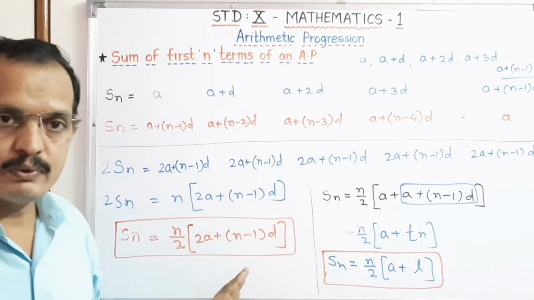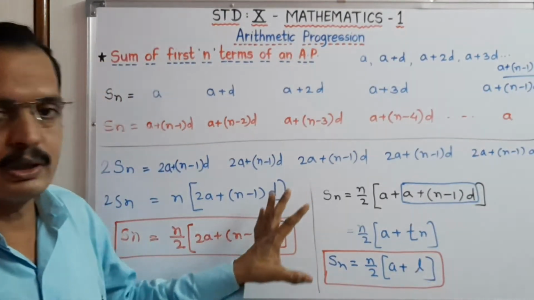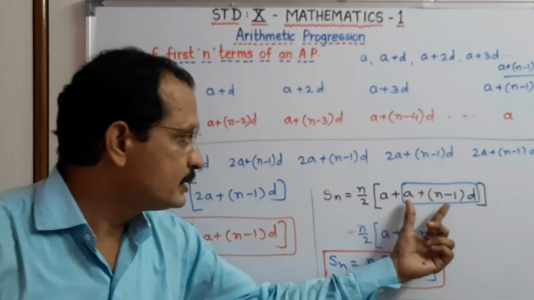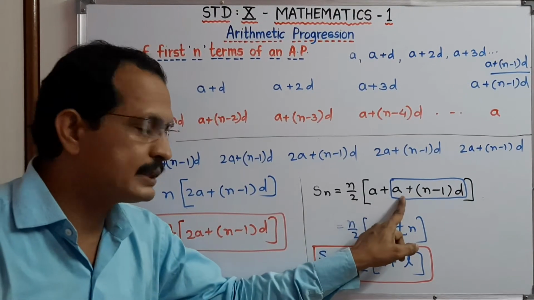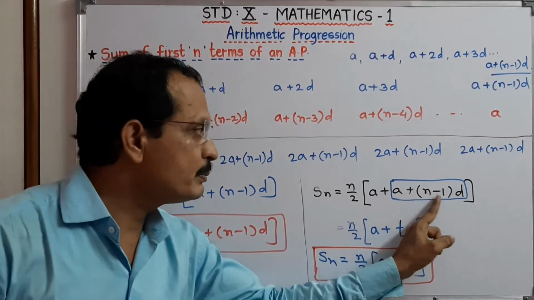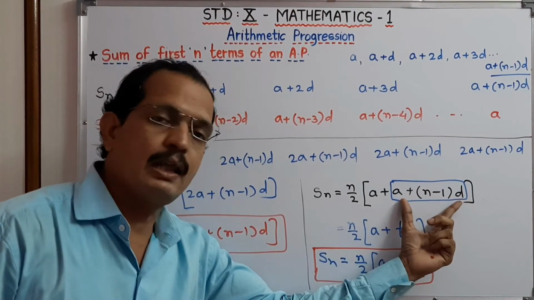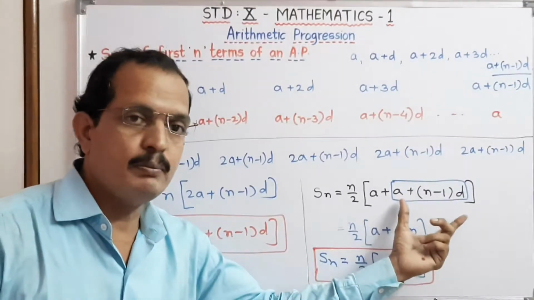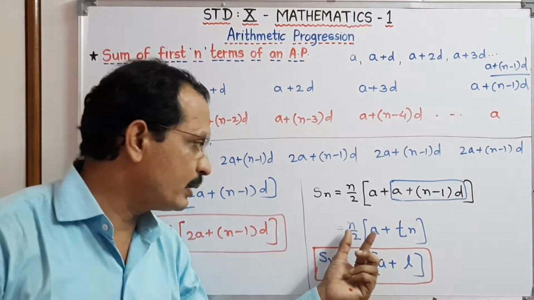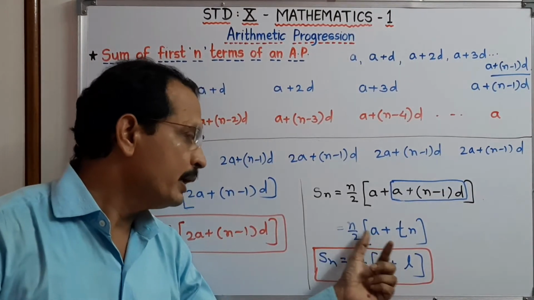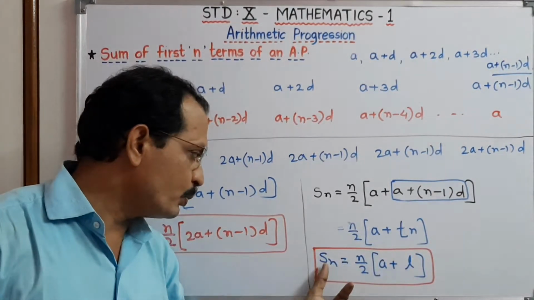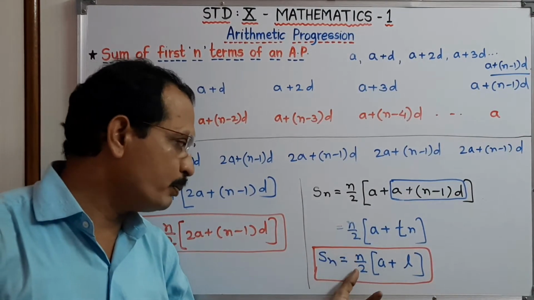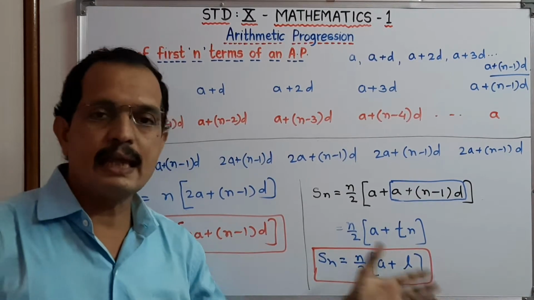I think everyone understood the explanation about these formulas. This step you understand it very well. This 2a we converted to a plus a, and this a plus n minus 1 into d is the Tn formula. Tn means the last term of an AP. Therefore n upon 2 into a plus Tn, means the last term. Therefore we can use Sn is equal to n upon 2 into a plus l.